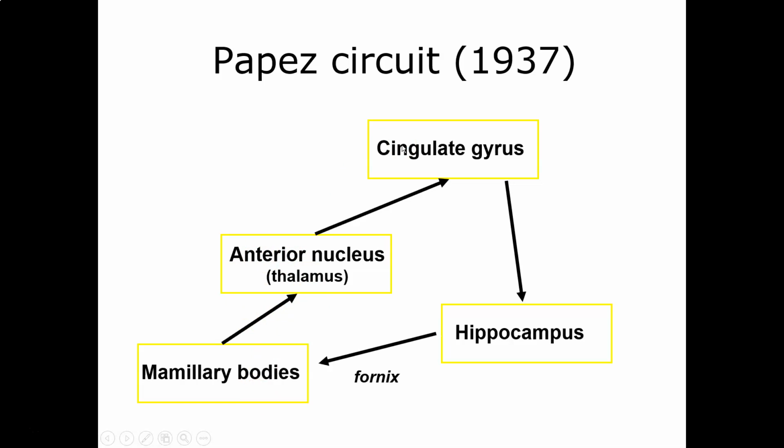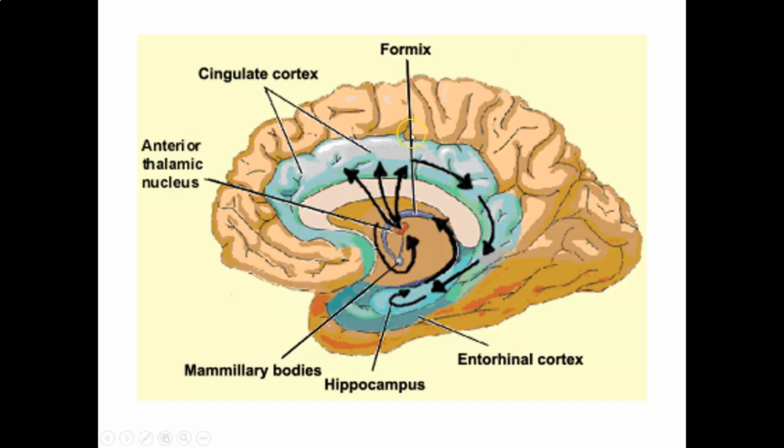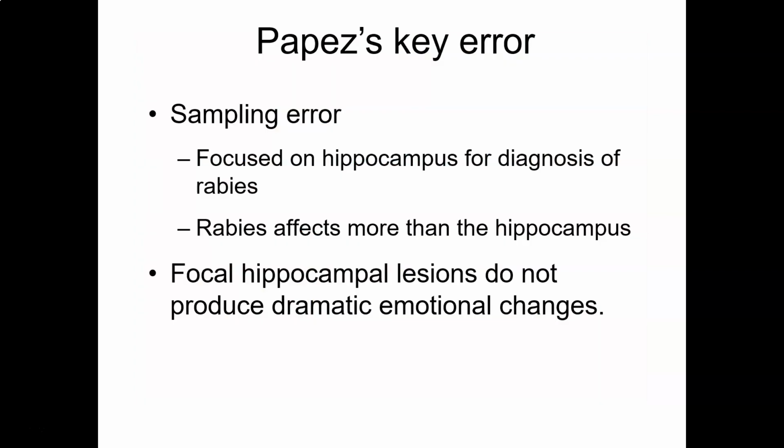Papez thought that this was basically a closed circuit. We now know, of course, that this is not a closed circuit. This circuit is constantly in communication with other areas of the brain.